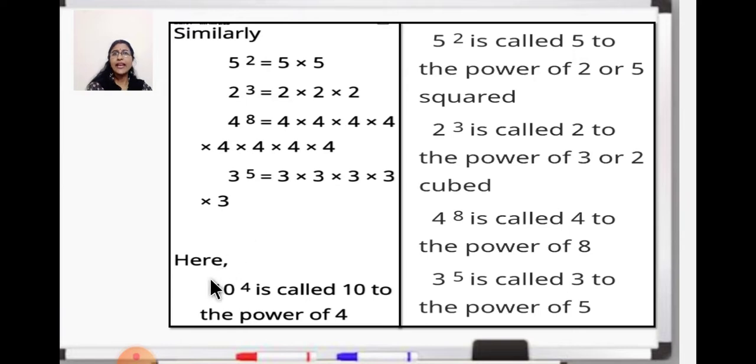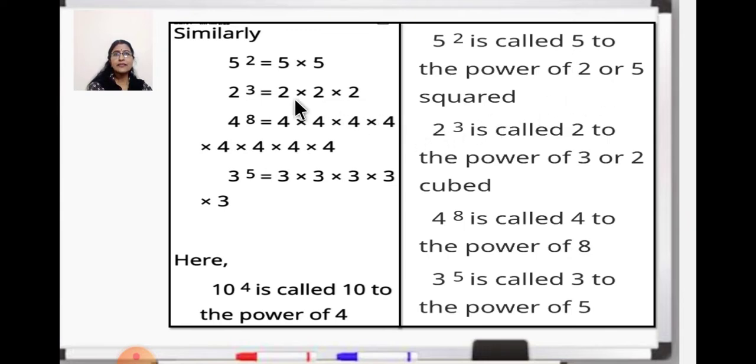So here we have seen 10 to the power 4 is called 10 to the power of 4, as I have just told you, or you can say 10 raised to 4. And then this one you can see here, 5, it is called 5 to the power of 2, or you can say 5 squared also.